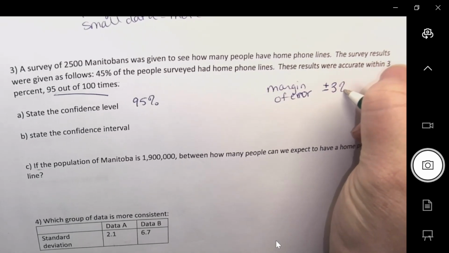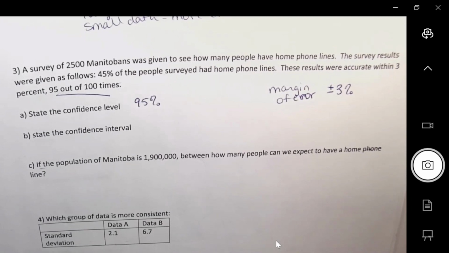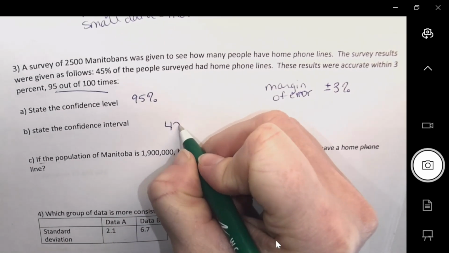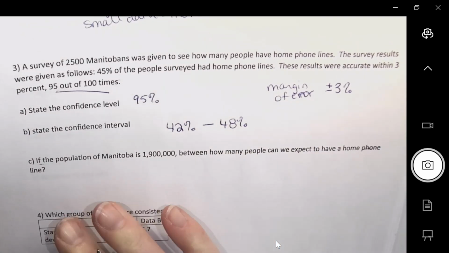Plus or minus 3% error, because you're accurate within that much. So what is the interval? 45% can go how high or how low? 42 to 48. 42% to 48%.